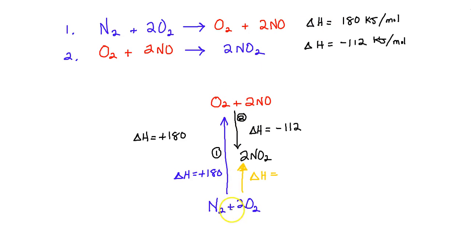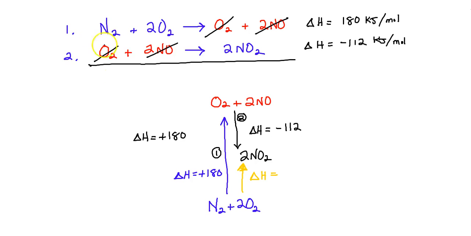We already know the energy to go from here to here and here to here by someone previously doing some calorimetry work. Okay, what's really cool is I can find this delta H here without doing the work. And here's how you would do it. If these reactions can be manipulated in a way to give us the overall reaction, then we can manipulate the delta H's to get the overall delta H. Now in this case, very simplistic case, I can see very clearly that when I look at the first step and the second step, there is 1 O2 on this side, 1 O2 on this side, 2 NOs and 2 NOs.